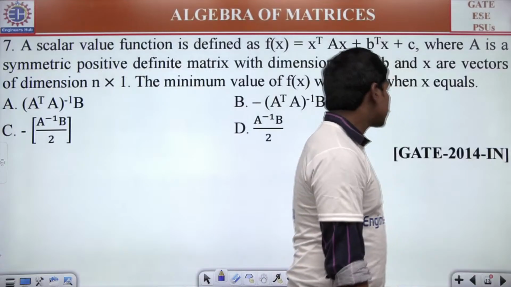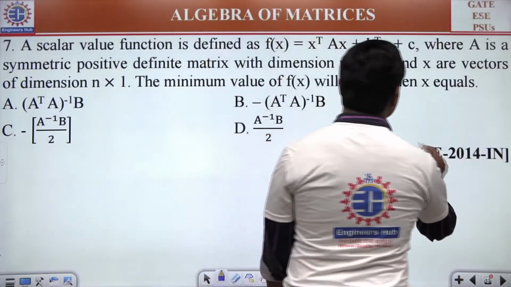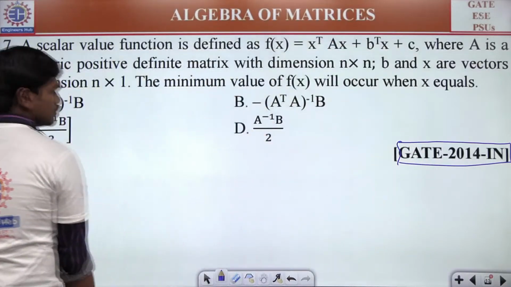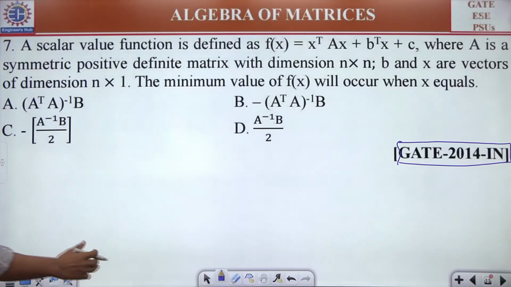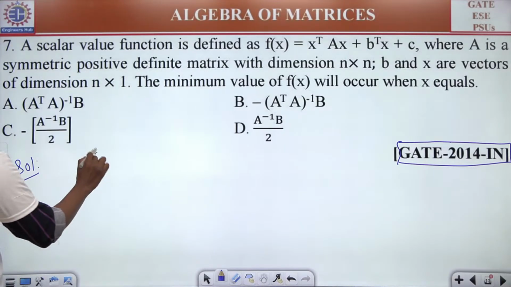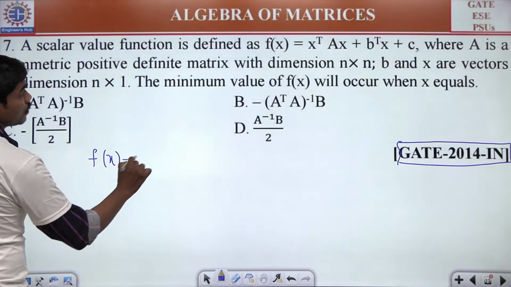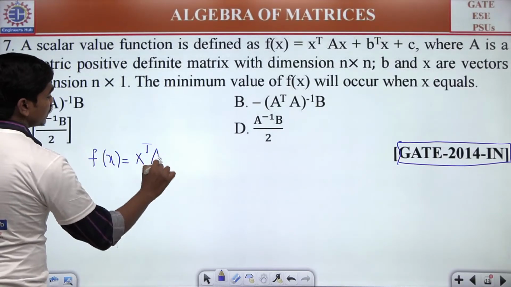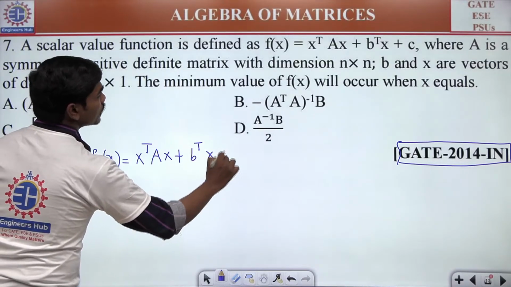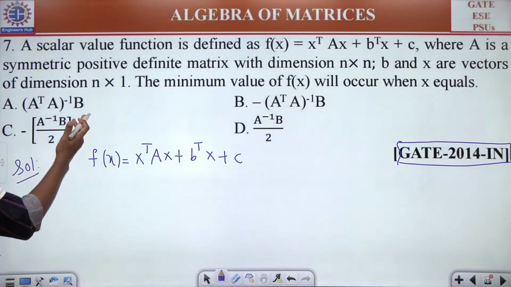Okay, next, this is one good question from 2014 instrumentation. So please try to solve this. A scalar valued function is defined as f of x is equal to x transpose A x plus B transpose x plus C, where A is a symmetric positive definite matrix.